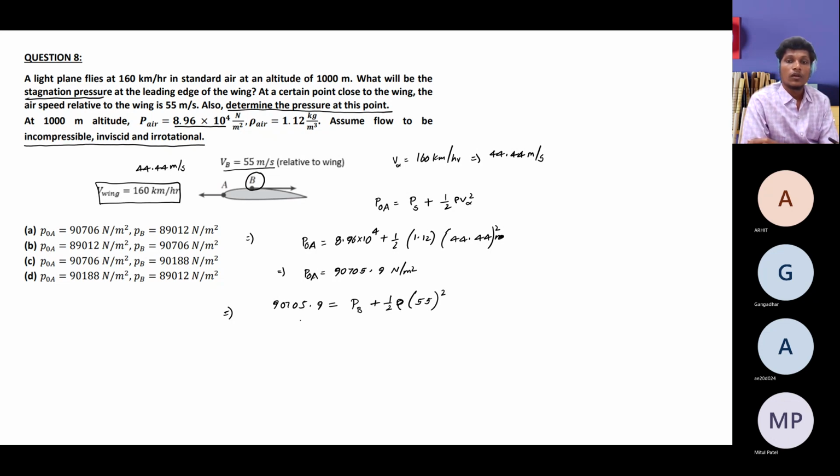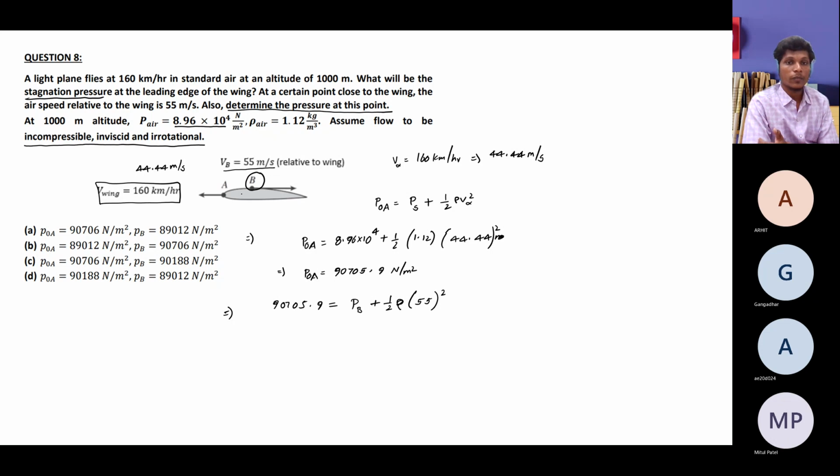The important thing we need to understand is that the velocity of your free stream is always less than the velocity at some point on the airfoil, which reaches a maximum velocity always greater than the free stream velocity.